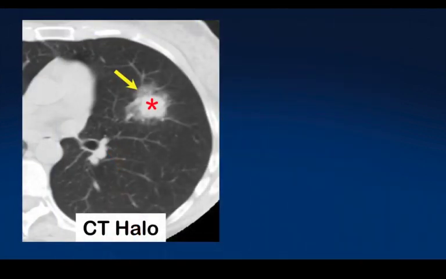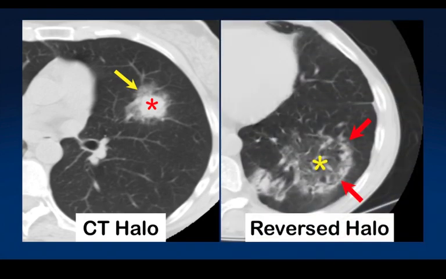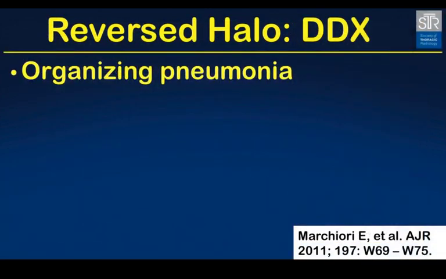It is called that because it is the exact reverse of the CT halo sign. So here's a CT halo sign in a patient with invasive aspergillosis. Here is a reversed halo sign in a patient with organizing pneumonia. And you can see that in the reversed halo sign, we have the central area of ground glass with the peripheral area of soft tissue attenuation, exactly the reverse of a CT halo sign.